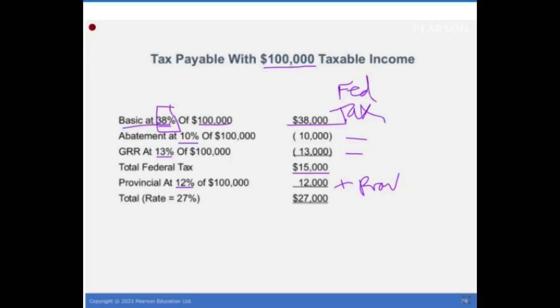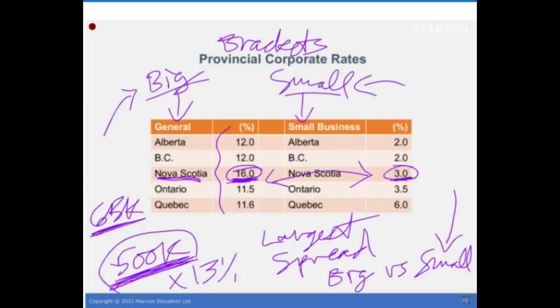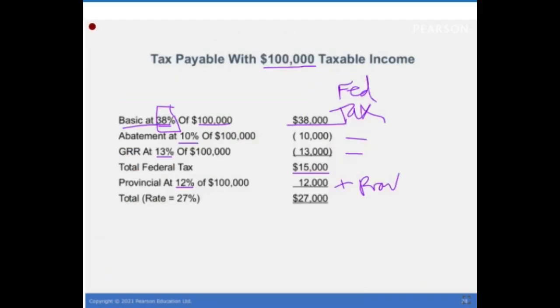If your province was at 12%, say it was BC, you earned this in British Columbia, so that's what we'd say this example is in BC. For sake of argument, you pay your additional 12, so your total tax is $27,000, effectively 27%.